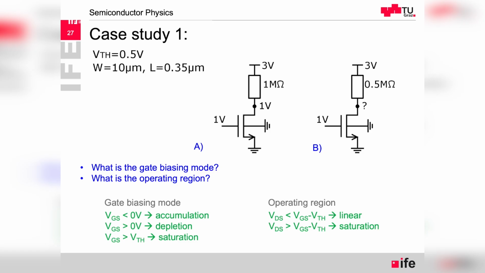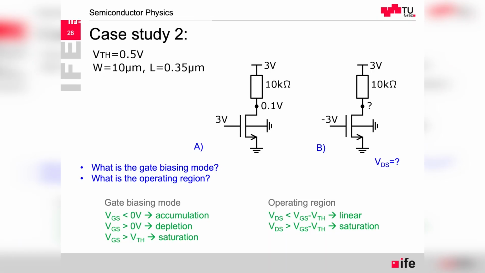In order to tell whether it's linear or saturation, we have to know the drain voltage. So with a twice smaller resistance, the drain voltage can only be higher. So what will be the operating region in this case? It's still saturation because the drain voltage is just higher. So the current is not changing.